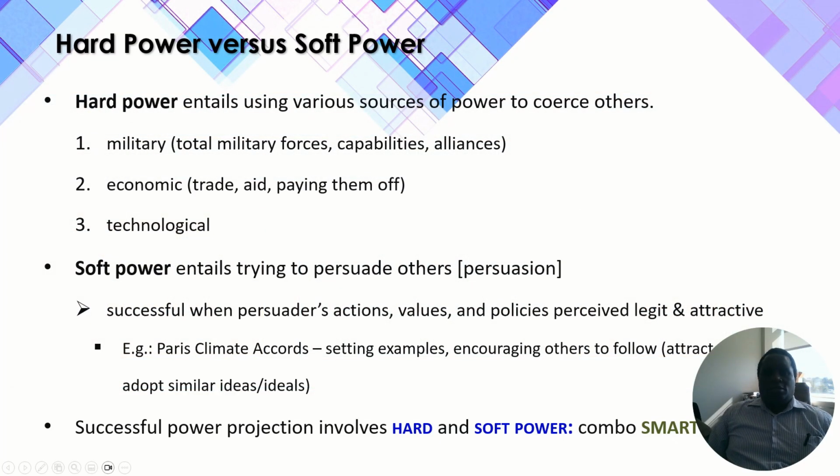So, as I previously mentioned, there's a difference between hard power, so various sources of power to either advance oneself or to coerce others, so military, economic, and technological, while soft power is really focused on trying to persuade others. And so when others' actions are perceived as legitimate and attractive, setting examples that others can emulate.